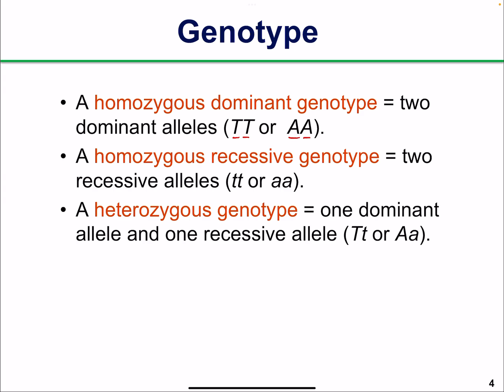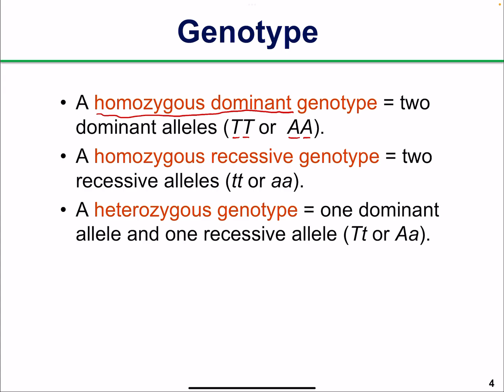Because the individual has a dominant allele from mom and a dominant allele from dad, we say that this individual has a genotype that is homozygous dominant. Homozygous dominant. Homo means the same. Zygous means, well, the same cell or the same fertilized cell that carries the two dominant alleles. That's what it means. All right?